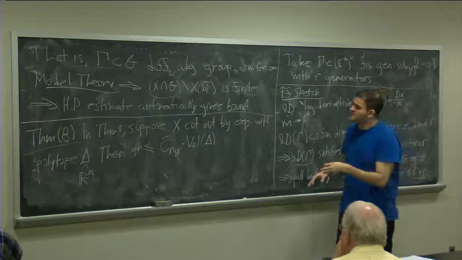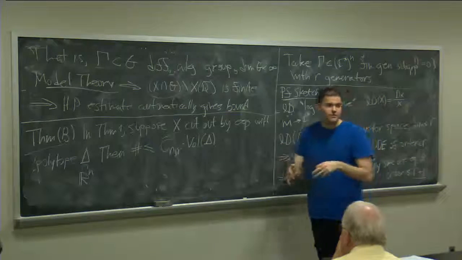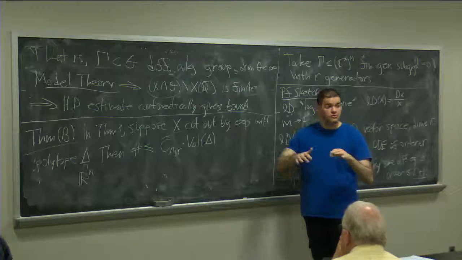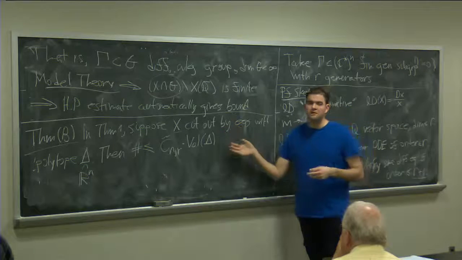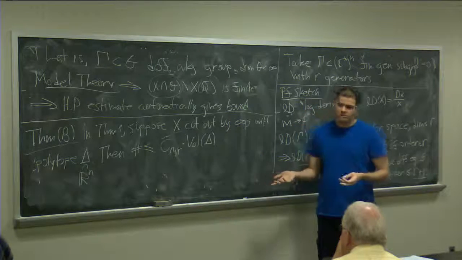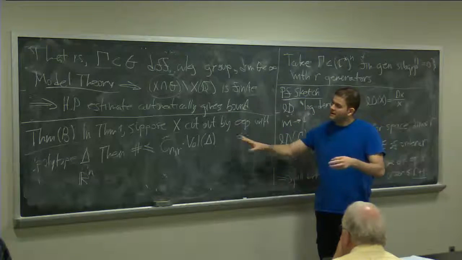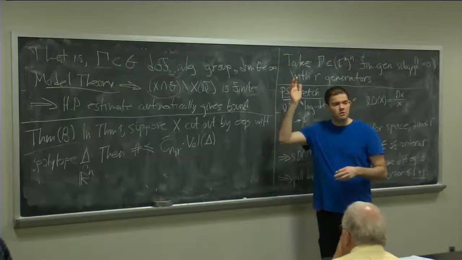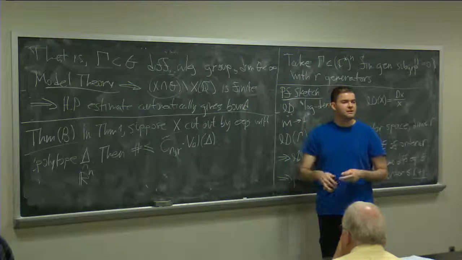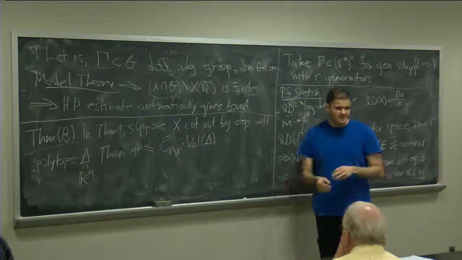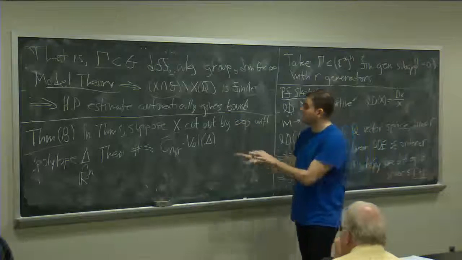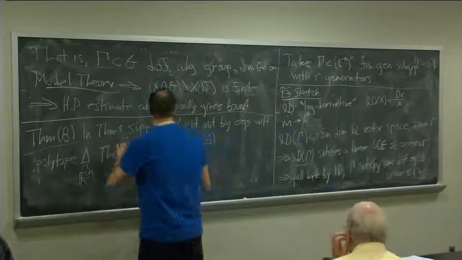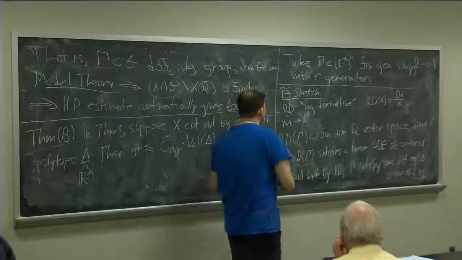So you can get better estimates if you think about these mixed degrees, where you fix a different degree for each variable. That's why I did it just for Newton polytopes to begin with. If I just stated the result, if all my polynomials have degree less than d, then the bound is d to the s. Then I couldn't take advantage of these different asymptotics that my degrees take in different sets of variables.